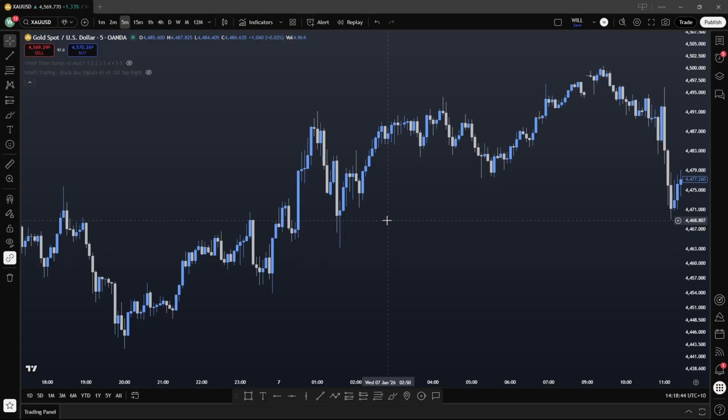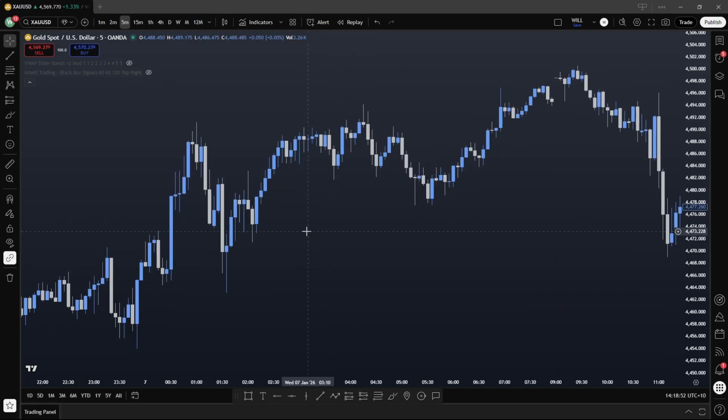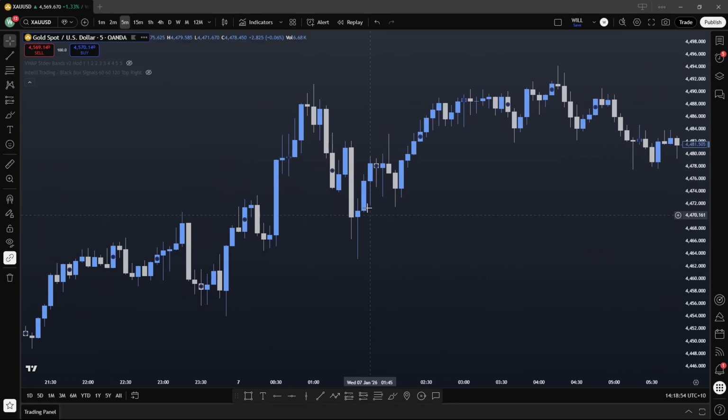I was talking about the open, the close, the highest point and the lowest point of a candle. So this one right here, and I'll zoom in for you guys, I'll circle it just so it's easier to see, this candle right there. What we can see is we had a bearish candle before this candle formed.